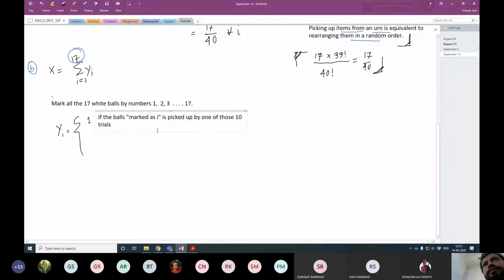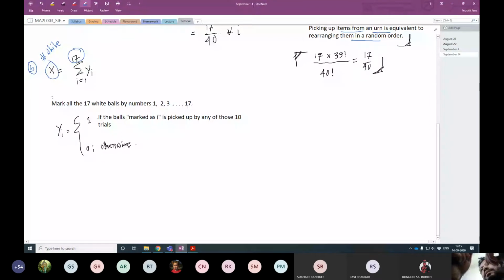Now you notice that if you define it this way, then x, which was the total number of white balls, can be written as a summation of yi, i equal to 1 to 17, because the counting technique is this. You already marked the balls by 1 up to 17, and you are now picking up balls one at random and without replacement.